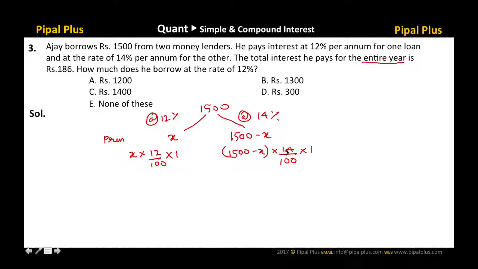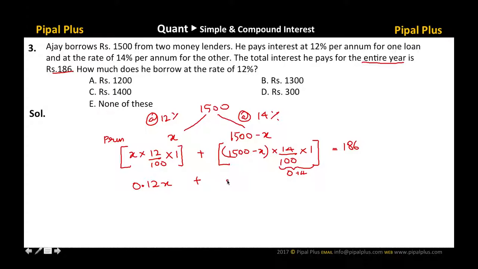Now both these interests add up to rupees 186, right? So what we get is 0.12x plus, when I open this, 0.14 into 1500.